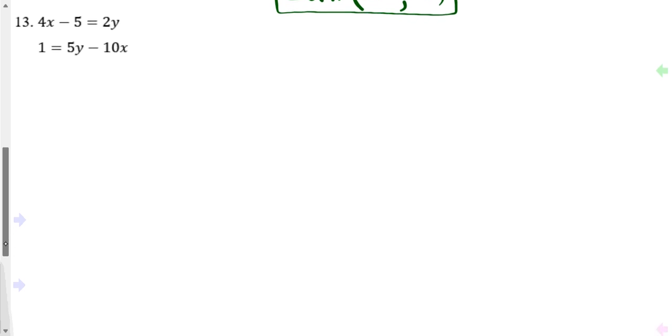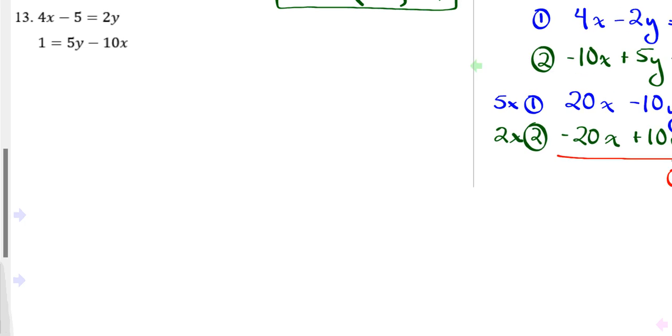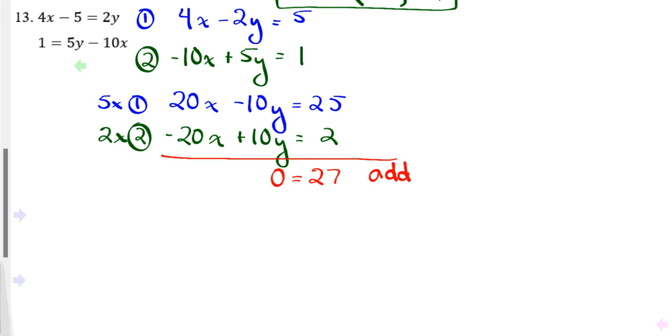Final question. This one also is a little bit odd. As you work through, you might have gotten to a place similar to what I did, which when I got matching coefficients and then added my equations together, all of the variables canceled out and I got 0 equals 27.